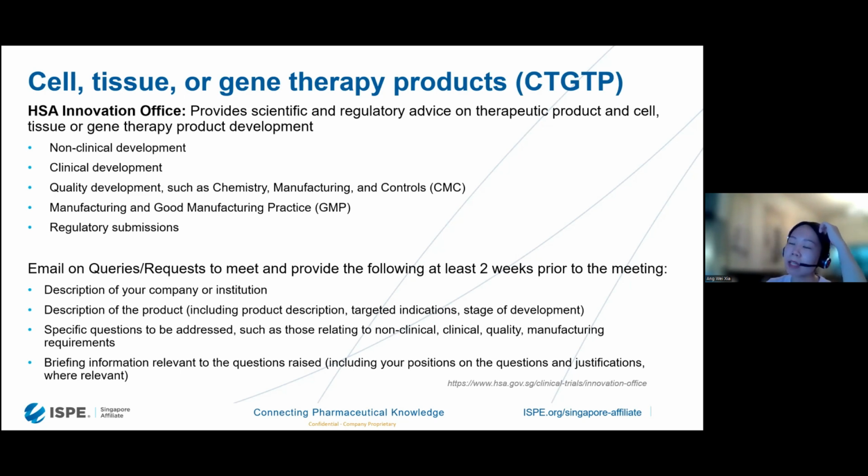Of course, if the overseas manufacturing facilities have any license or documents, you can submit them during your application, because our authority might need to audit the overseas sites as well. That will depend on the risk assessment by the authority.